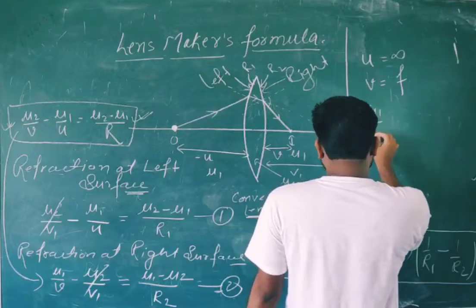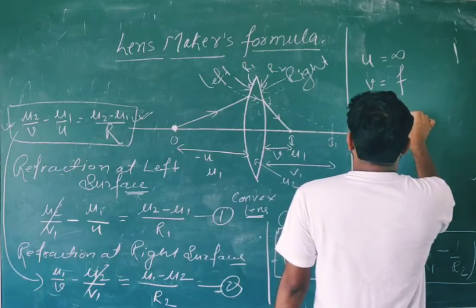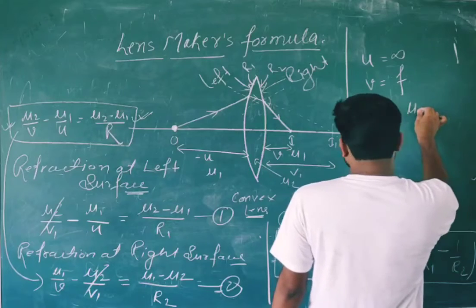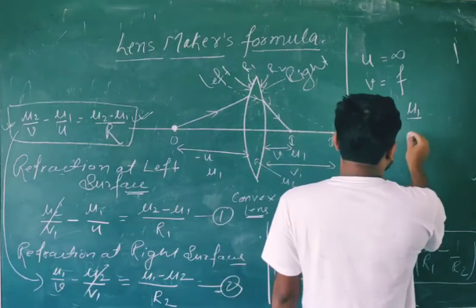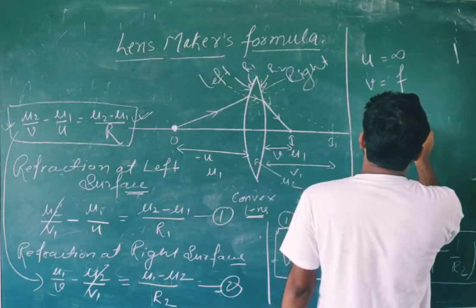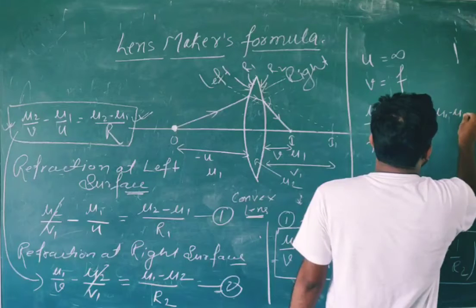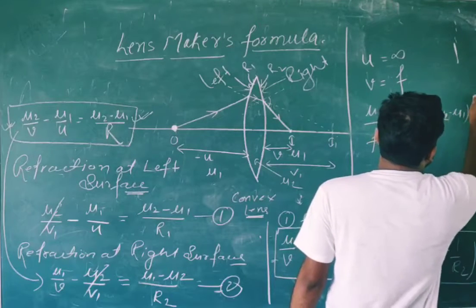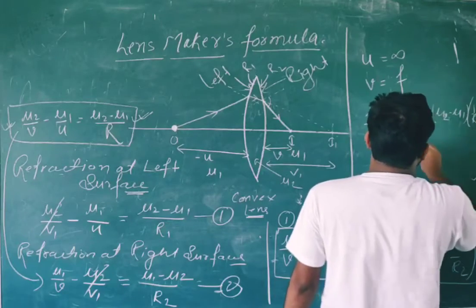So what we will get: mu1 divided by f minus mu1 divided by infinity is equal to (mu2 minus mu1) into (1 by r1 minus 1 by r2).